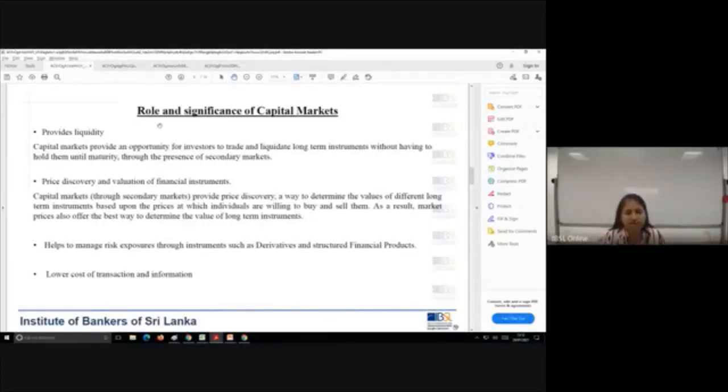Providing liquidity, price discovery, managing risk exposures, lowering transaction cost. Even the liquidity, risk exposure, and low cost, we saw in money markets. But here, it's of a different nature. These are all more general significance of any financial market.